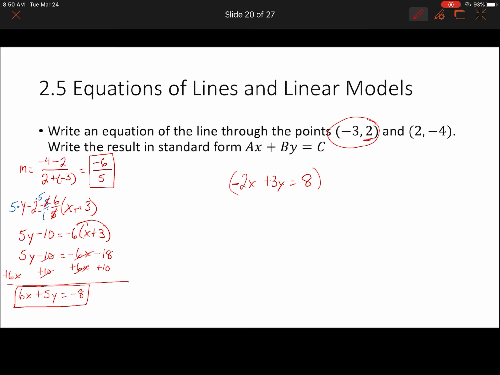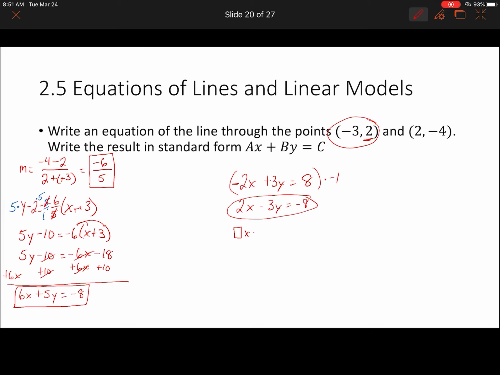And the reason is because this first number is negative. So the way we'll make it be positive is we'll just take everything and multiply it by negative 1. And that way all that's going to happen is the signs are going to change. So it becomes 2x minus 3y equals negative 8. This would be your standard form of that equation. If you put in the negative as that first number, it's going to tell you it's wrong. Okay, so be careful with that.